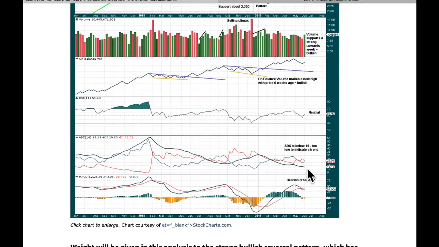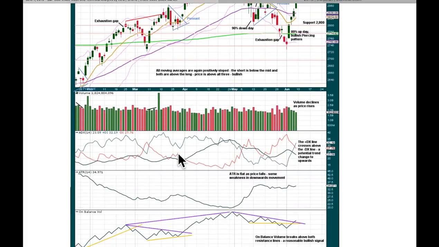And ADX is a lagging indicator that may not have caught up with that yet. We still had that bearish crossover from MACD. It can whipsaw though. It's not always on its own a reliable indicator.